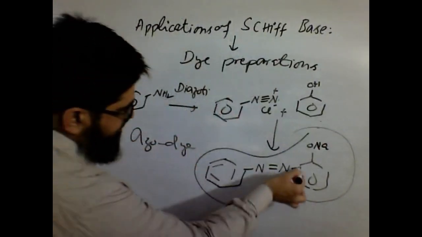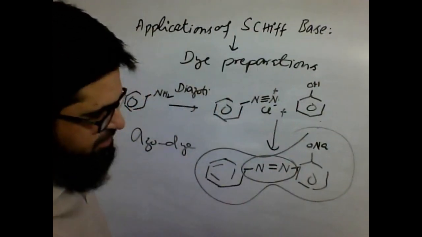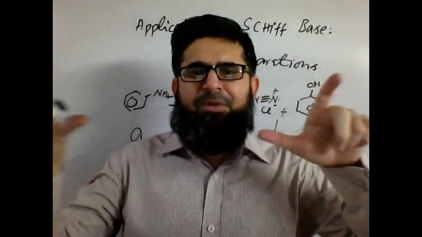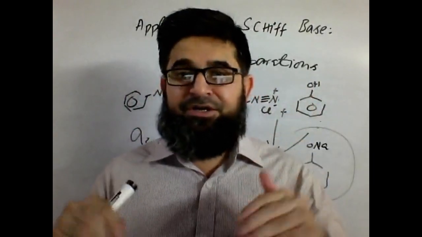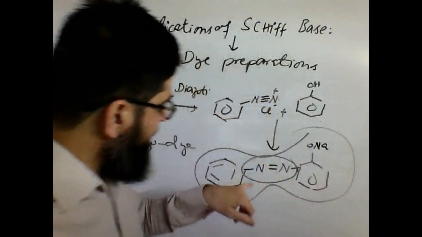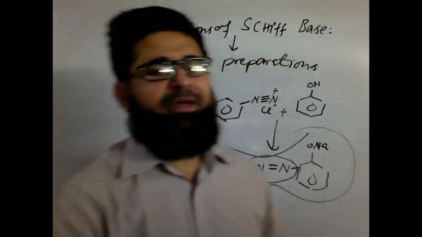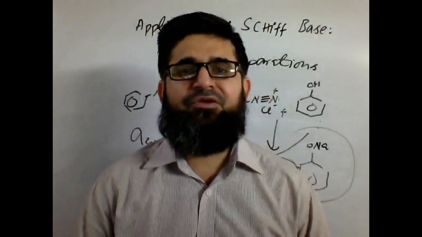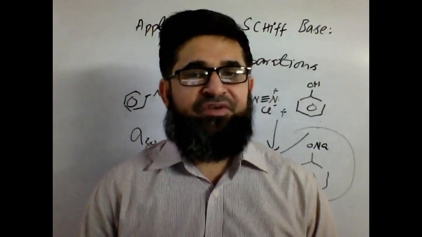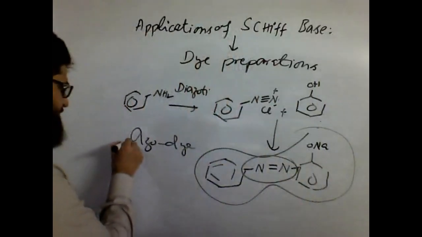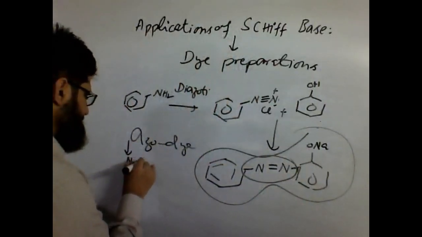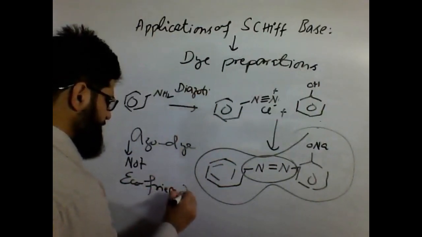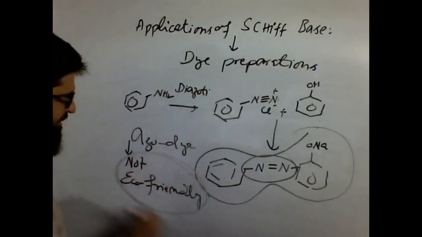Due to the presence of this group, the double bond between nitrogens linked to aromatic entities, especially, that generates colors. These azo dyes have so many ecological issues, toxicities for the environment. They are not eco-friendly.